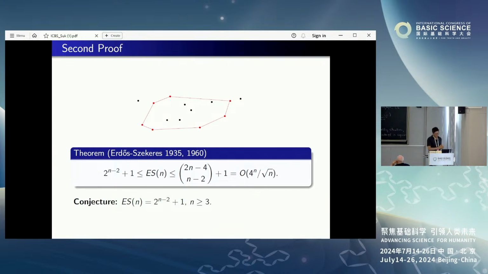And it wasn't until a little bit later, until 1960, that they made the conjecture that this ES function is 2 to the n minus 2 plus 1.